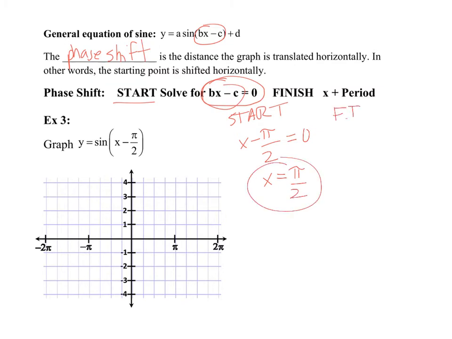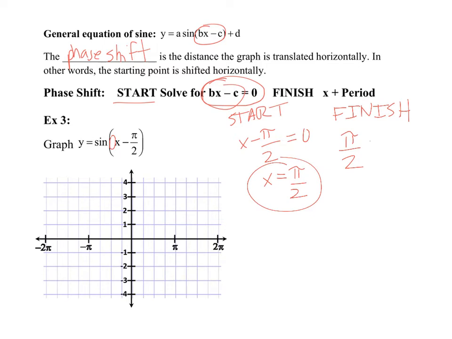But where is this graph going to finish? Now knowing this isn't as important, but it helps you when graphing. So this is my starting value, but where do I finish? Well, what's the period for this graph? The b value is 1, so it's not going to have an effect on the period.